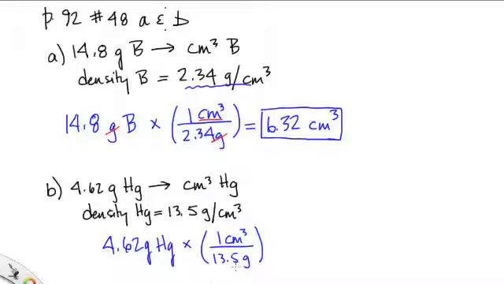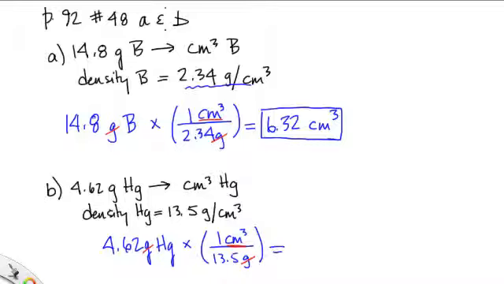So now I've put centimeters cubed up here in the numerator. That's the unit I want to end up with. Grams is in the denominator, and that will cancel out with grams over here. So grams and grams cancel out. I'm left with centimeters cubed, which is what I want in my answer.